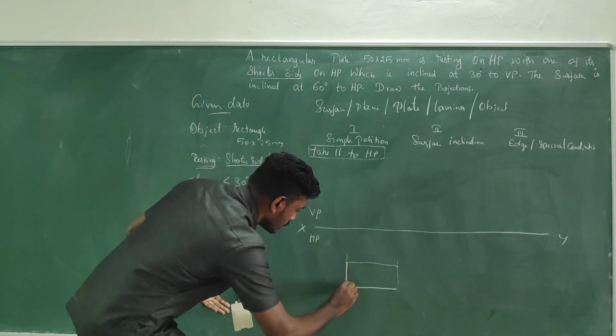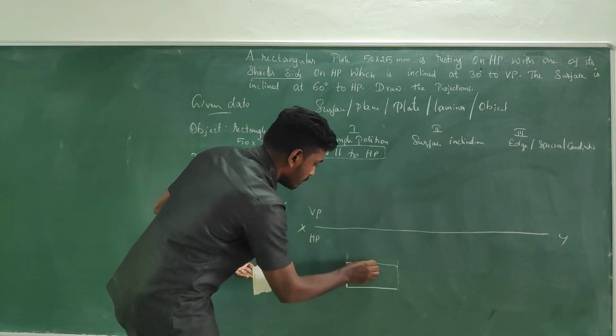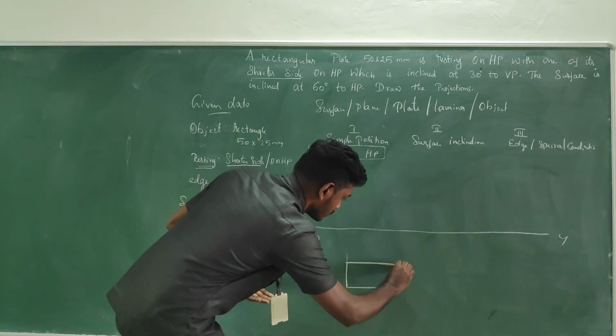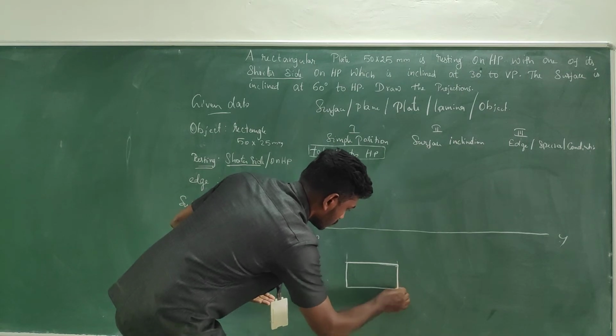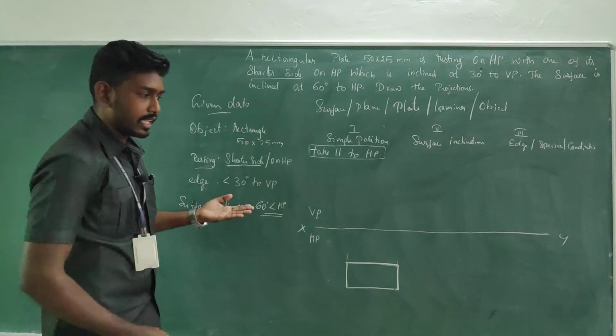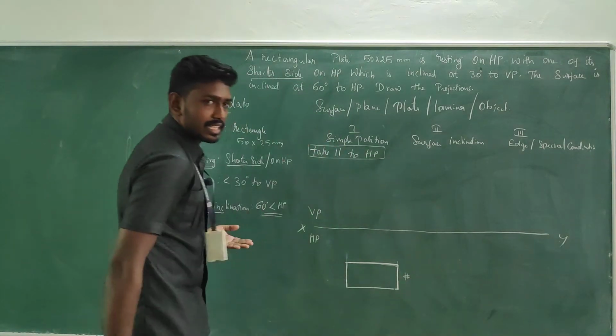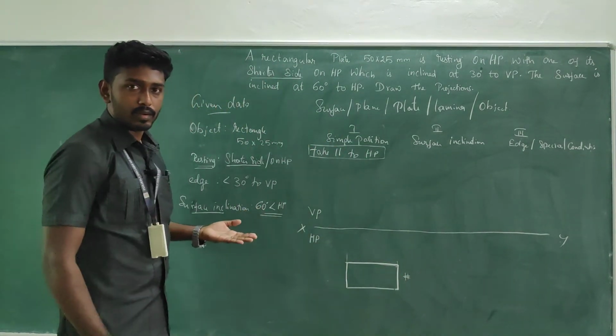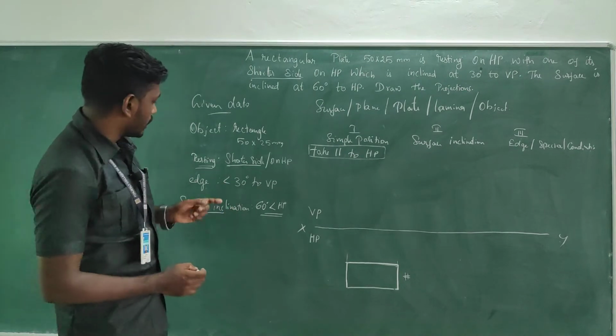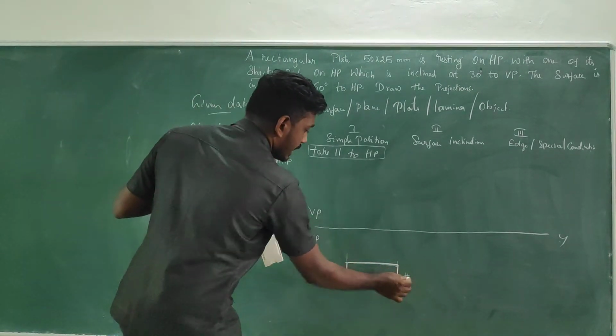Now make it a dark one. Now see, one of the shorter sides came at the right side. Always remember, the condition: the resting edge should be on the right side.